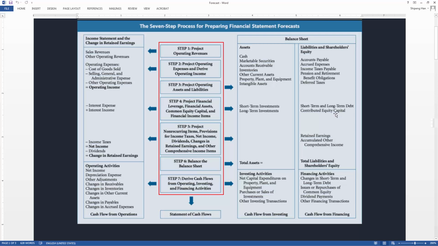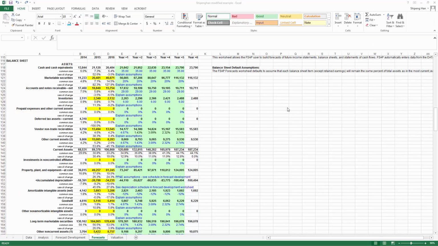Next one, we will focus on equity. So the equity includes preferred stock, common stock, additional paid-in capital, retained earnings, treasury stock, accumulated other comprehensive income, etc. Okay, and we've done all the forecasts for the assets except the investments in the non-controlled affiliates.